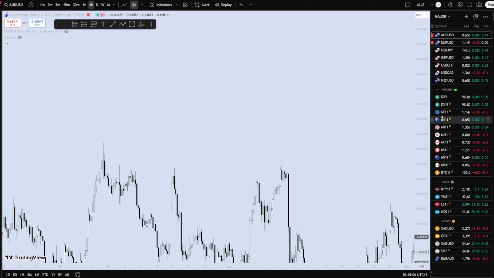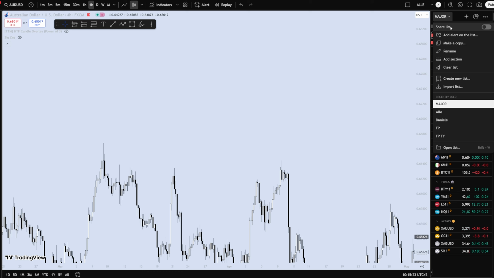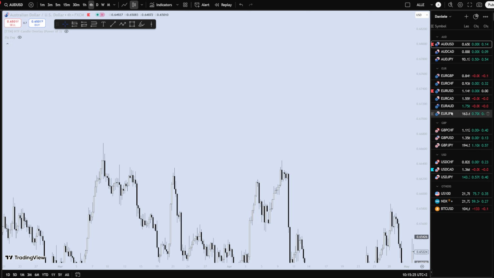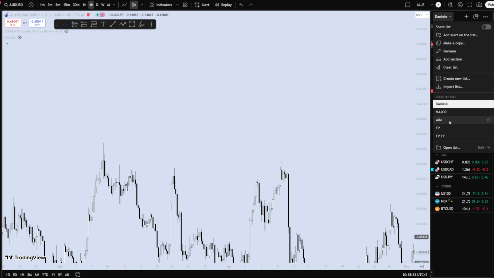And maybe sometimes if the market structure is not very clear, we can go to the futures. We will not trade funds or metals because they are not backtested, but maybe in the future we will backtest those too. As for the non-major pairs, we will focus on them in the near future when we finish the backtest for the major pairs.